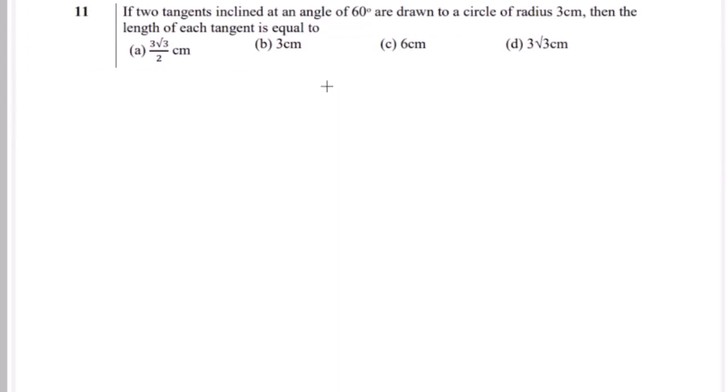Now the 11th question is: if two tangents inclined at an angle of 60 degree are drawn to a circle of radius 3 centimeter. So one circle is given and its radius is 3 centimeter.